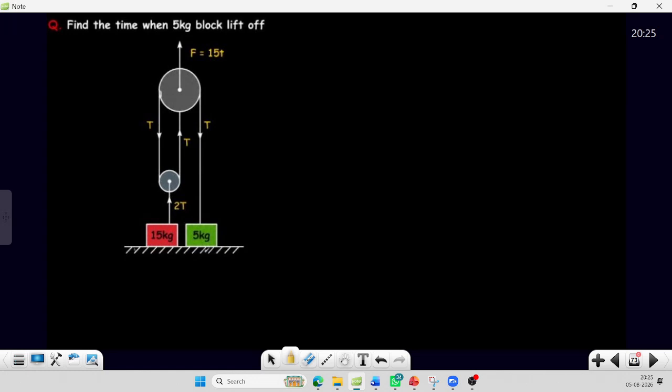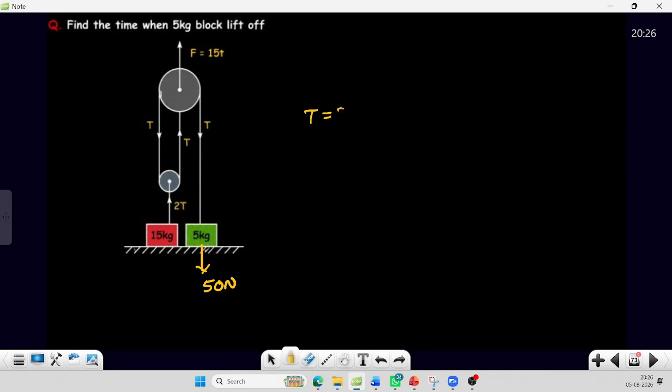The 5 kg block we have to lift. The minimum value of tension must be how much? So this T must be equal to 50.